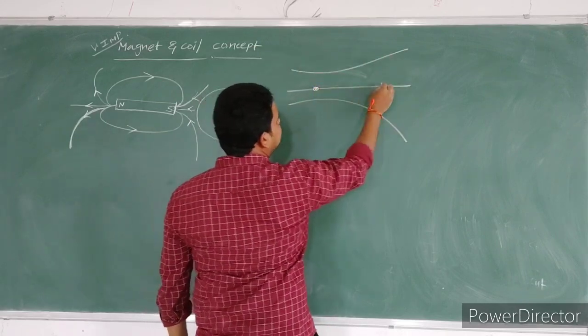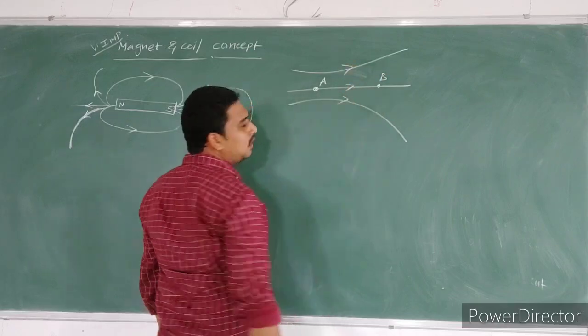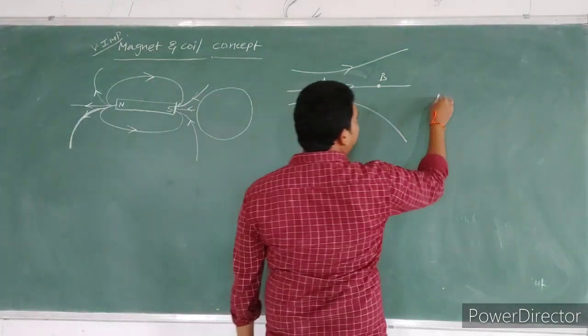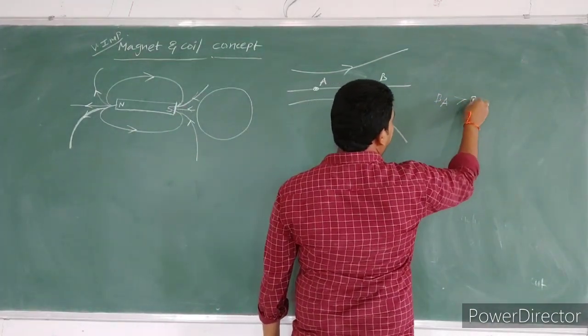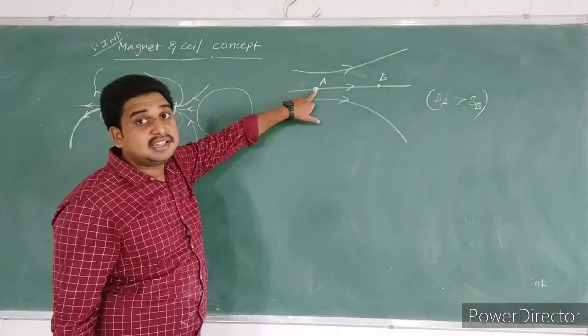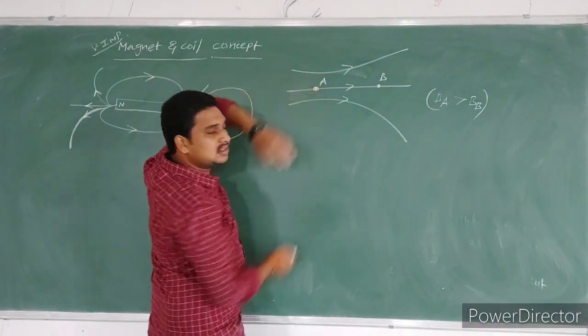Here I consider 2 points. This is point A, this is point B. These are magnetic field lines. The magnetic field at A is greater than the magnetic field at B. Why is the magnetic field at A greater? Because here the field lines are closer.